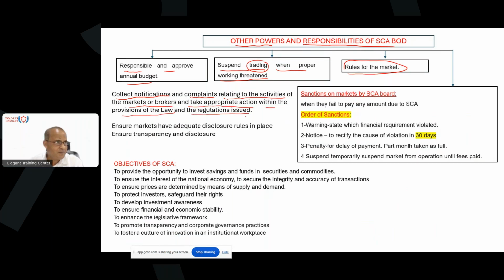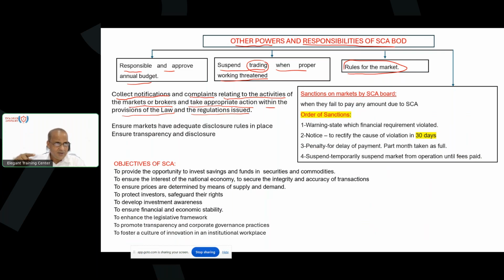What does it mean? SCA is going to collect the notifications and complaints about the activities of the markets and the brokers. We are the investors, right? We are related to the market and the brokers, so we may have some complaints. Whom to give them to?